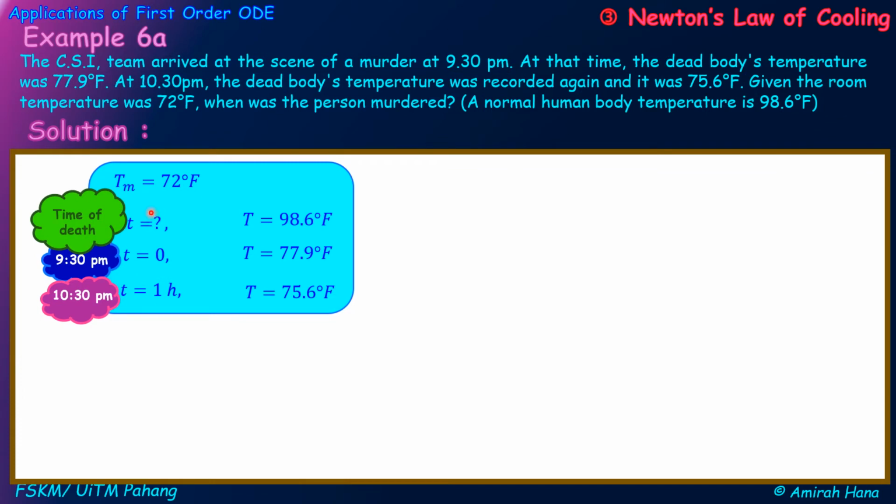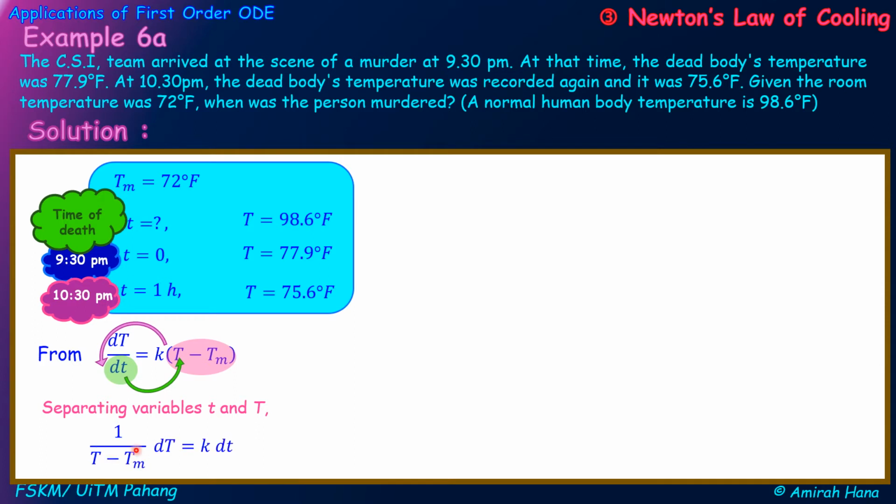After we extract all the information about time and temperature, we can start the solution with dT over dt equals k(T minus Tm). We separate the variables, time and temperature. The dt moves to the right-hand side and becomes multiplication, and T minus Tm moves to the left-hand side.